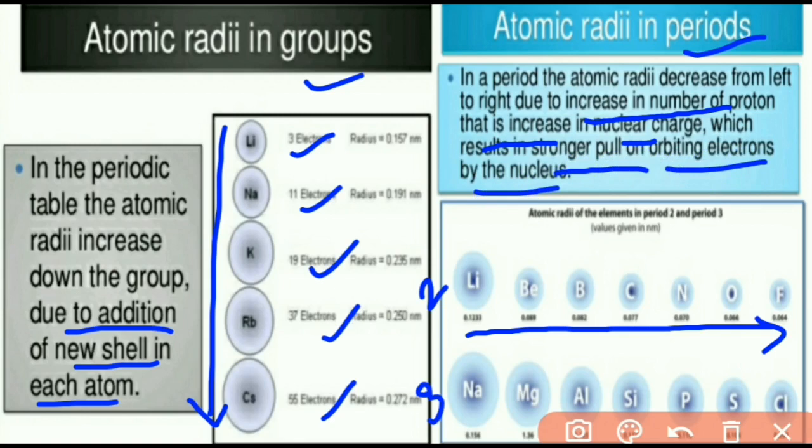It means in the same shell the number of electrons increases, the number of protons increases in the nucleus, and therefore nuclear charge increases and this attraction force increases between the valence shell electrons and nucleus. Therefore the atomic size decreases when we move from left to right.